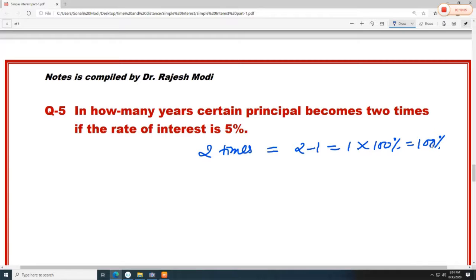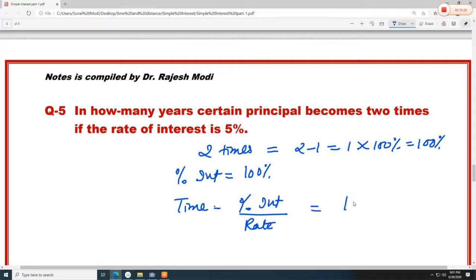So it is 100%. So percentage of interest is equal to 100%. Now the time is equal to percentage of interest divided by rate. So 100% divided by 5%. So percent cancels. So it comes to 20 years.